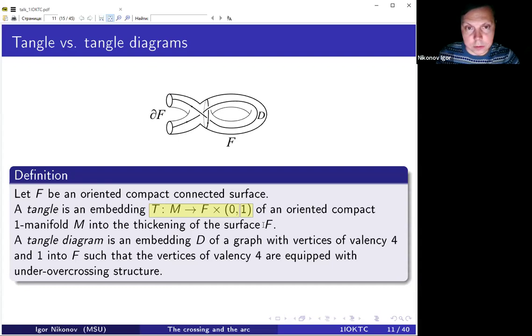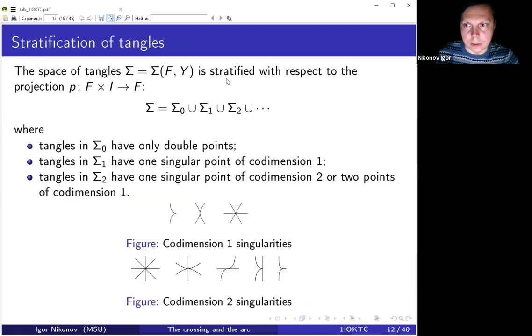In fact, we consider a tangle in general position, and this projection from F times interval to the surface F, in fact, induces a stratification of the set of tangles.